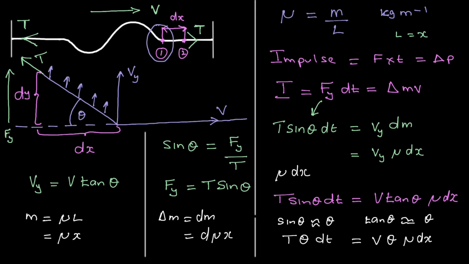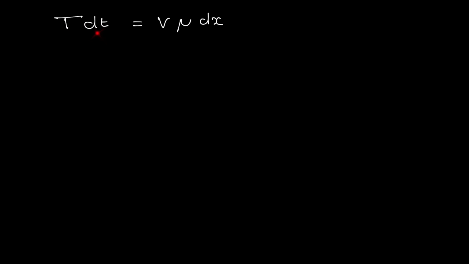But theta will cancel out. Then I get T dt equals v mu dx. If I divide both sides by dt, then we get T equals v mu dx over dt. But dx over dt is v.